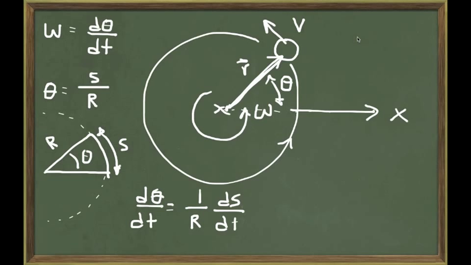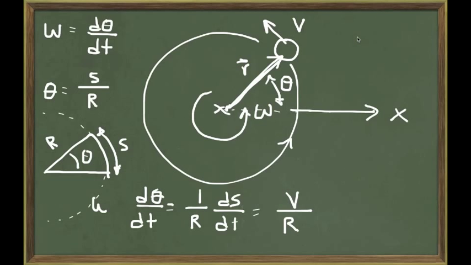The distance that the object covers along the circumference of the circle over an amount of time is ds dt. So this ds dt term is clearly the tangential velocity of the object. I'm just going to call it v. So d theta dt is equal to v divided by r.